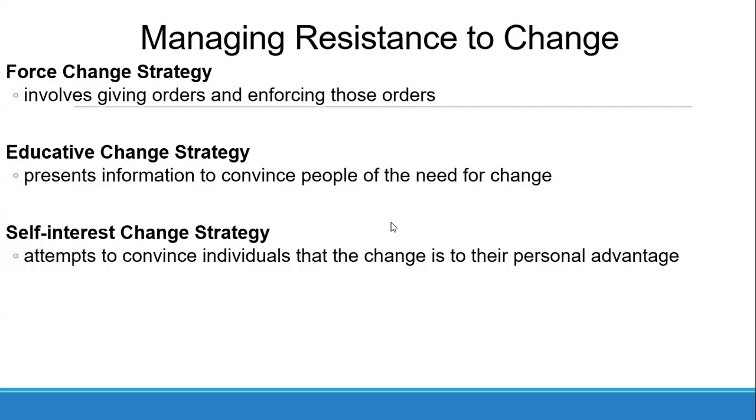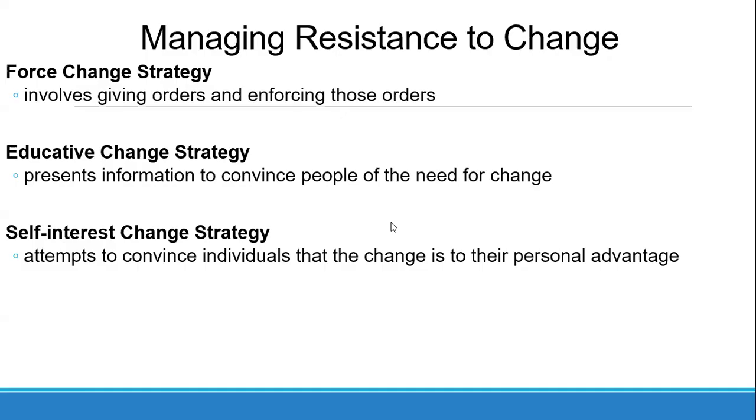And the avenues that they may utilize include the force change strategy, which is more or less like the dictatorial or military approach, wherein the corridors of power issue orders and enforce them by requiring all the followers to align with them in order to achieve the change that they are looking for.